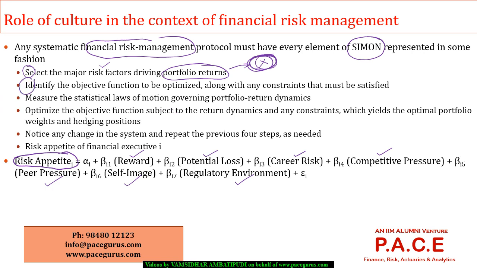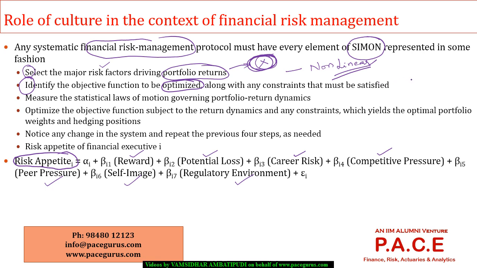Then, how do I optimize that? How do I reduce the risk? All these factors may not be linear. We can have many kinds of non-linear relationships existing across. The risk that might be driving the portfolios may not be linear, so I have to really understand what should be optimized.